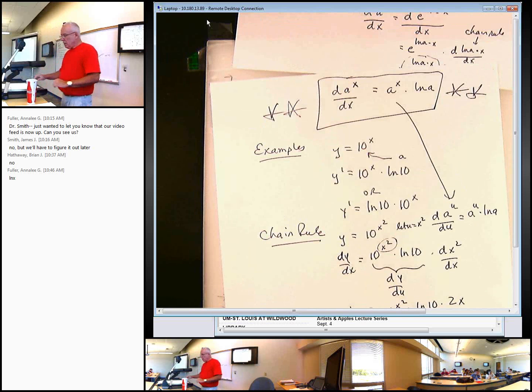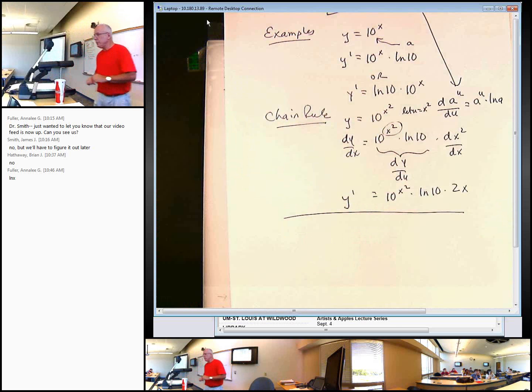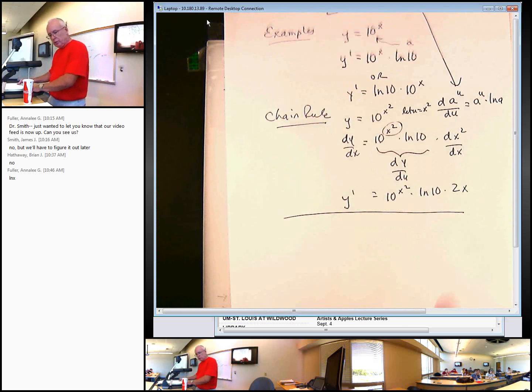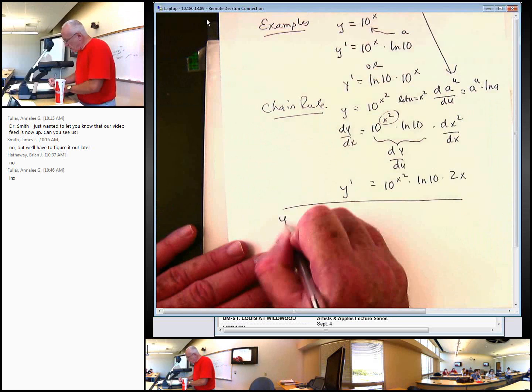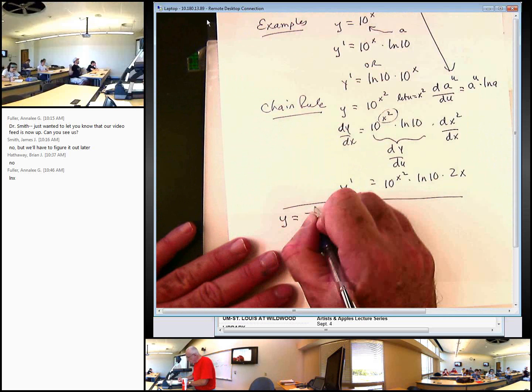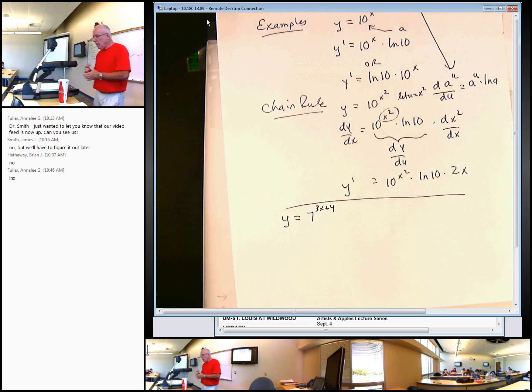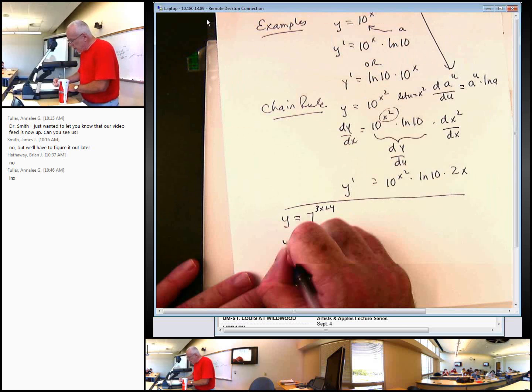Maybe I ought to do one other thing with this chain rule here, just for the heck of it. Let y equal, say, 7 to the 3x plus 4 power, and we want to get y prime.